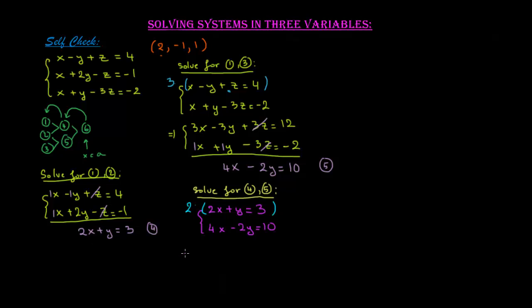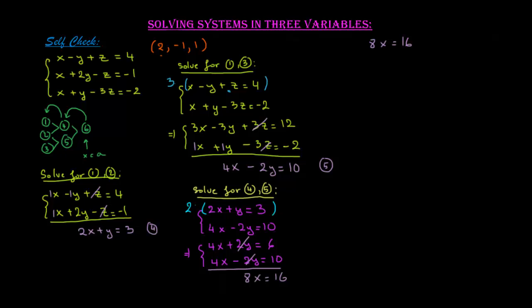Then we have 4x plus 2y equal to 6, and bring down the second equation equal to 10. When we add them up, y will be cancelled out, and 4x plus 4x gives me 8x equals 16.